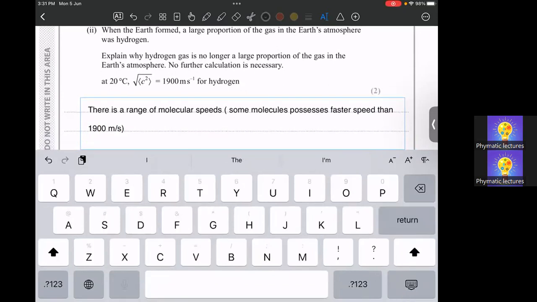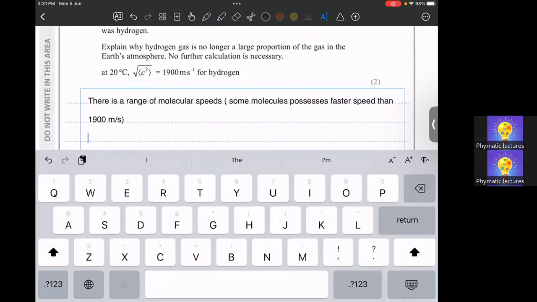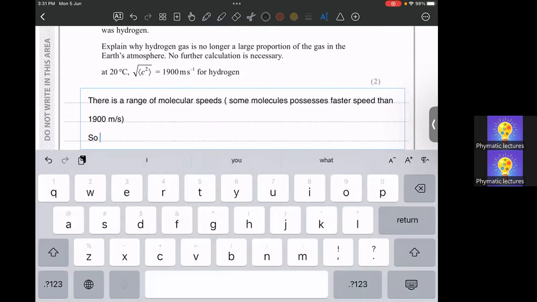So what happens? There will be some molecules with speed greater than escape velocity. Okay, escape velocity.